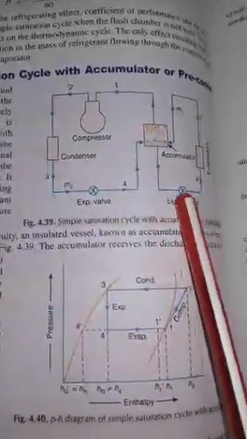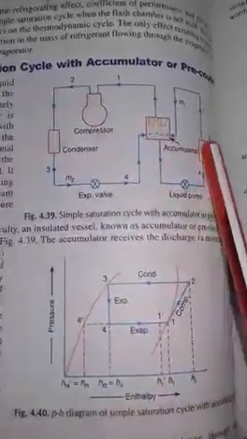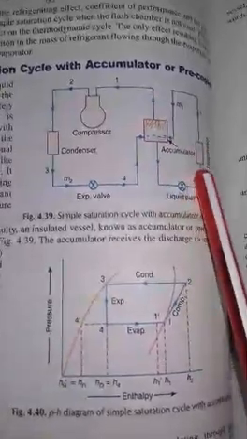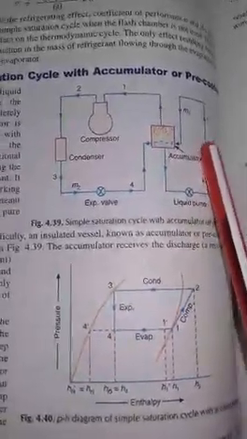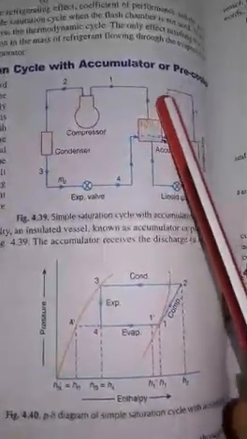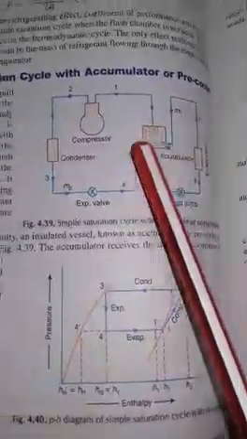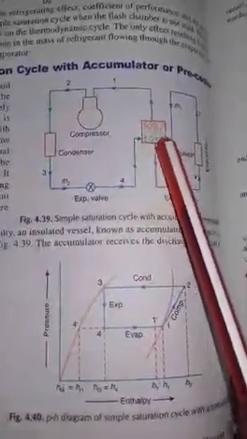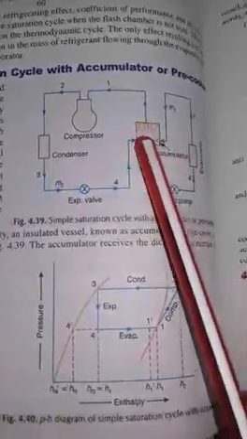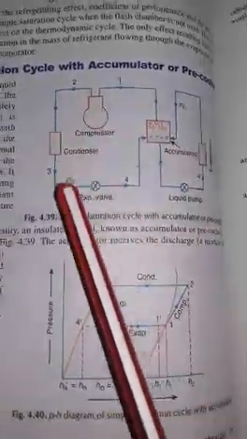So the liquid pump has been provided just to supply the liquid to the evaporator, and from the evaporator the gas, and if at all liquid is there, it comes to the accumulator. In the accumulator the liquid is arrested and gas is allowed to go to the compressor.